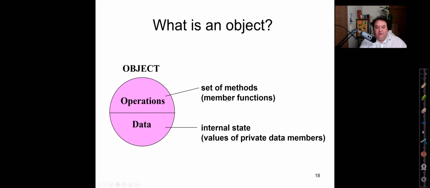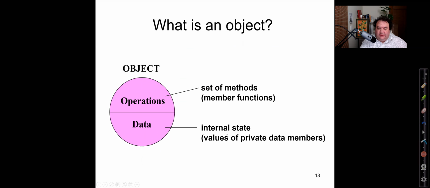So what is an object? An object has a set of methods, member functions, and the internal state as defined by the class. Effectively, it's an instance of a class, referred to by a variable of the class itself.